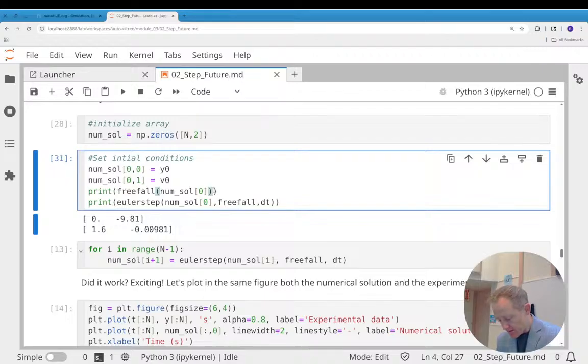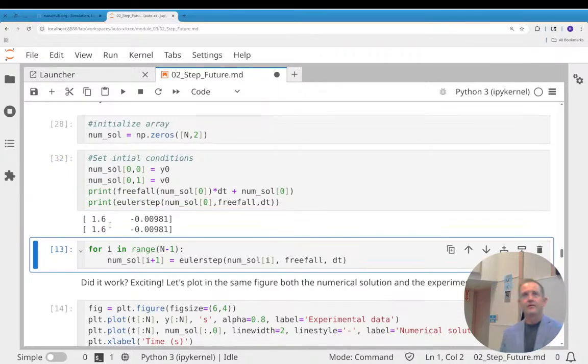So if I wanted to look at that, I could say, this is my derivative, multiply it by dt, and add numsol bracket 0, and then it's the same output, and that's what our Euler step is doing.